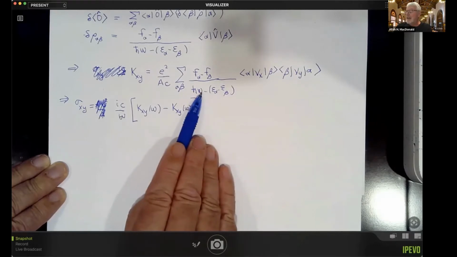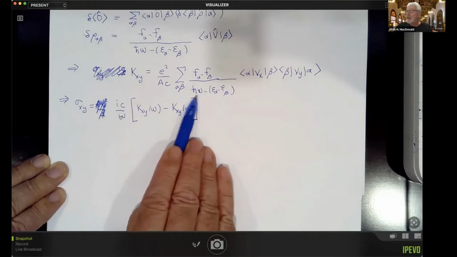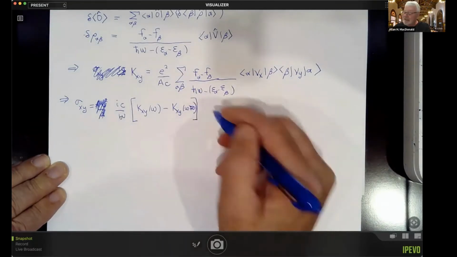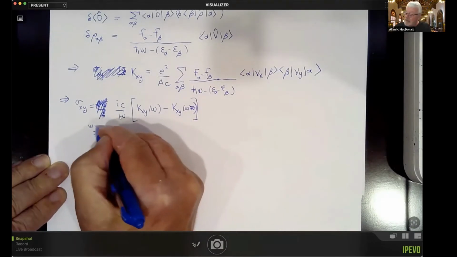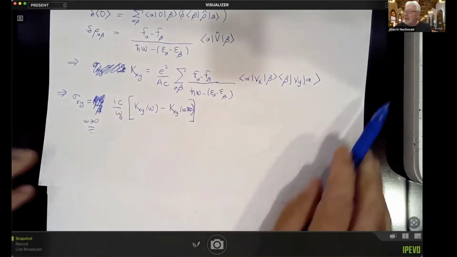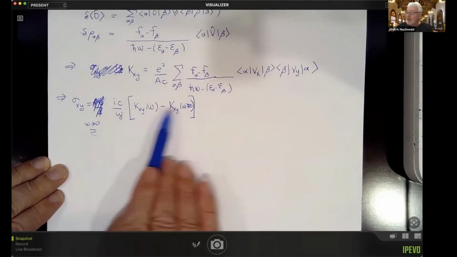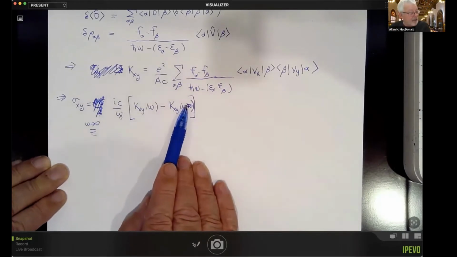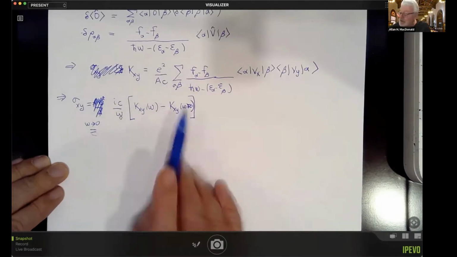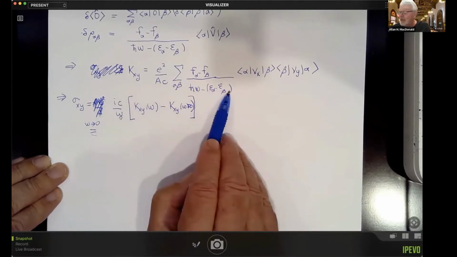And so by taking that difference in the denominators, you get a factor of h bar omega, and just putting these two energy denominators over a common denominator and taking the limit that the frequency goes to 0, you end up with an expression with the energy denominator squared.